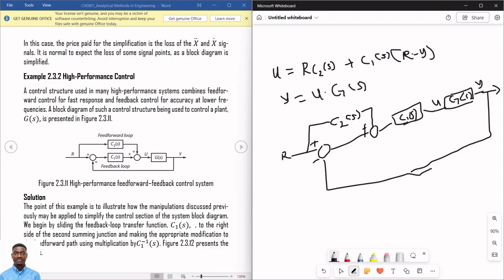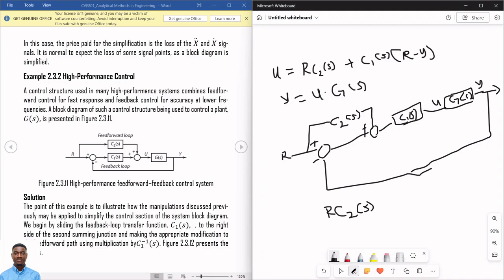This is the initial model of U. Now I have moved this over this sum junction. So what that means is what I will be having at these points will be RC2S, R minus Y comes here. So that will be R C2S on this sum junction.